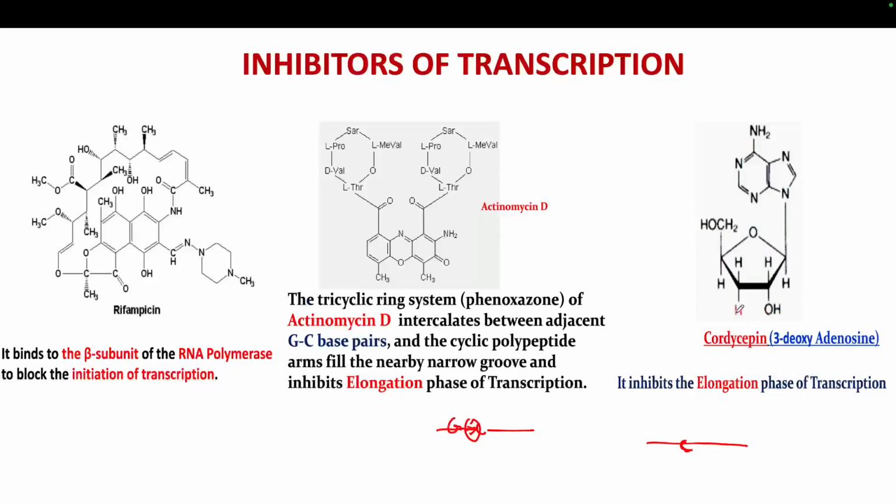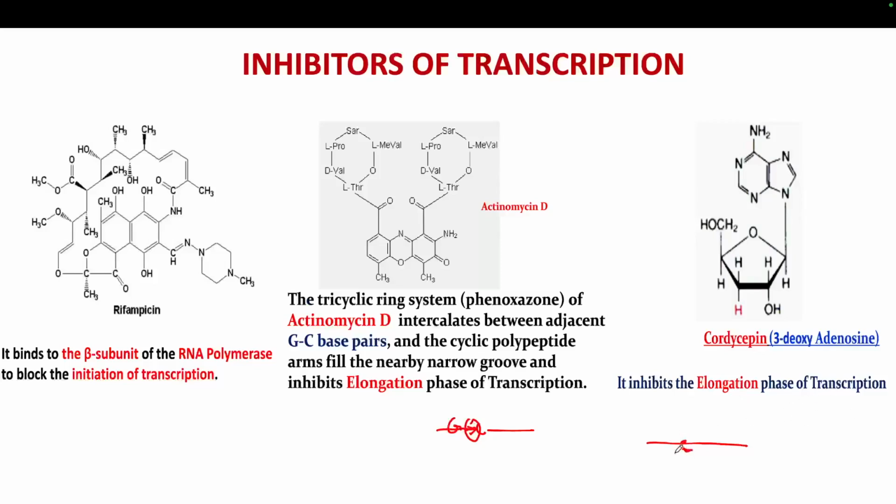Here it only has the H. In the case of adenosine, it has the OH group at the 3' position. So if it is introduced here, there will be no chance to add more nucleotides, so it will also act as an inhibitor for the elongation phase of the transcription.